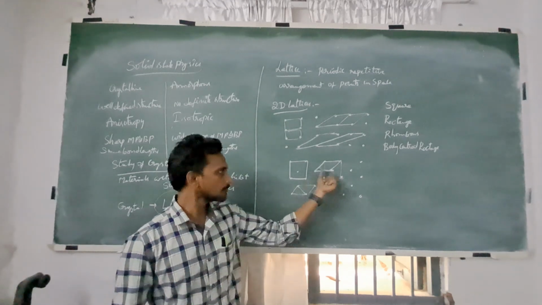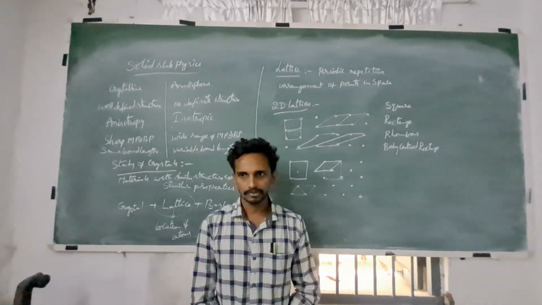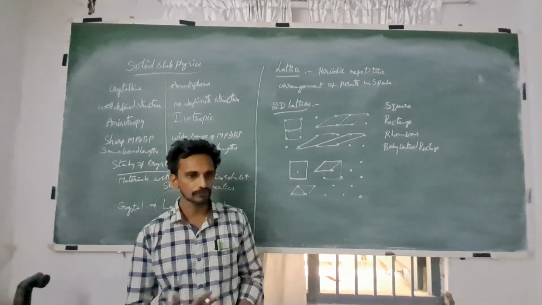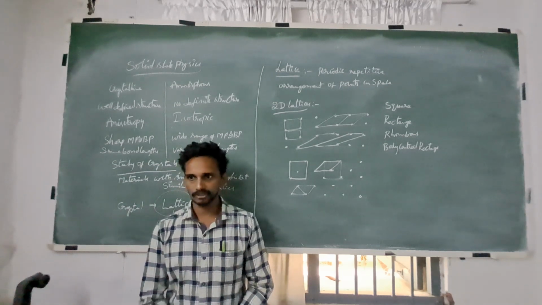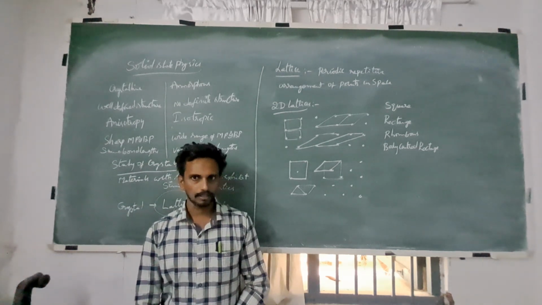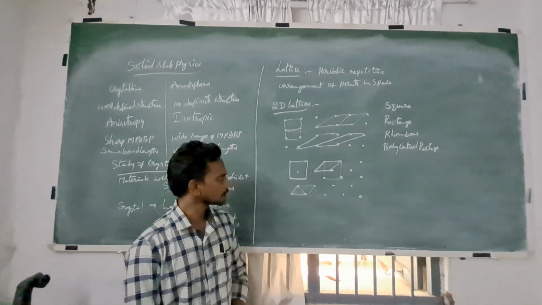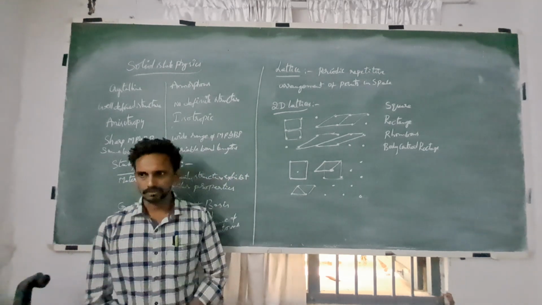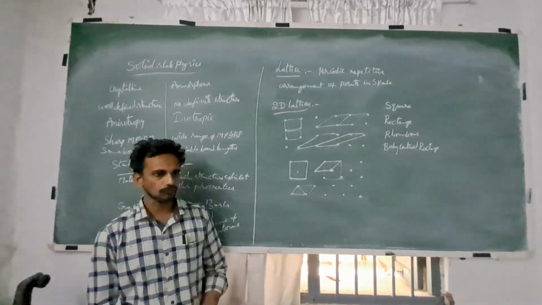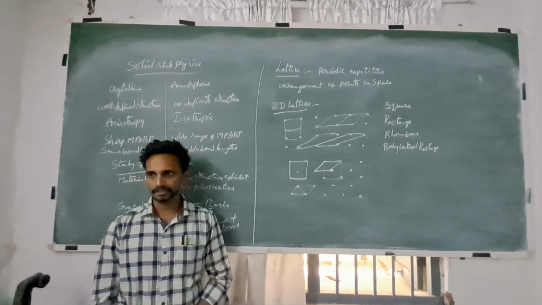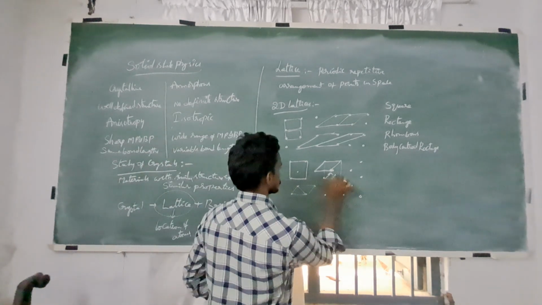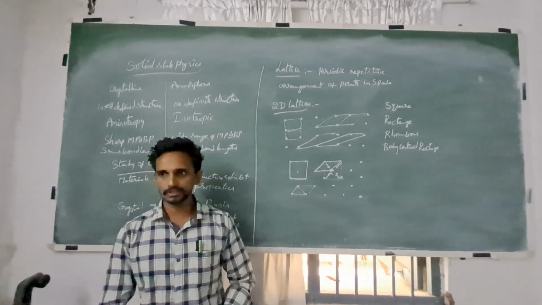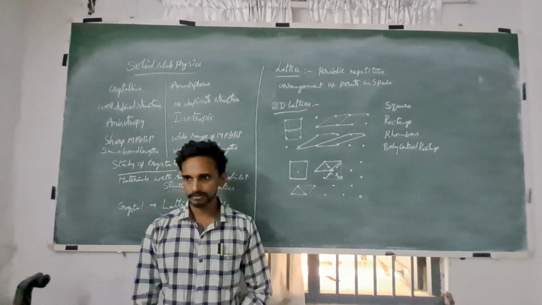But here, one material out of all the rhombus structures is exhibiting a different property, very sharp, very high, a very high melting point or very high boiling point. The reason is one of the corners of the rhombus is falling at the center of a bigger rectangle. So here, all the forces are balanced and the material is most stable compared to the rest of the rhombus structures.